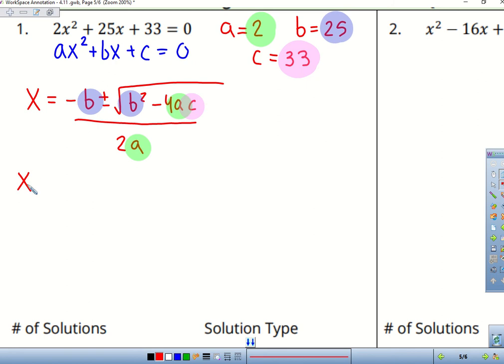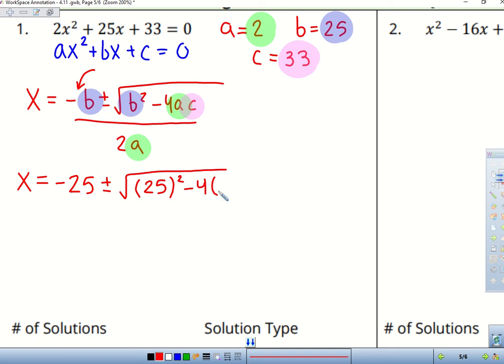So that's giving me x equals. Now keep in mind, when the formula has a negative variable, it's going to change the sign of what you plug in, which is going to be negative 25 plus or minus the square root of b squared minus 4ac all over 2 times a, which is 2.